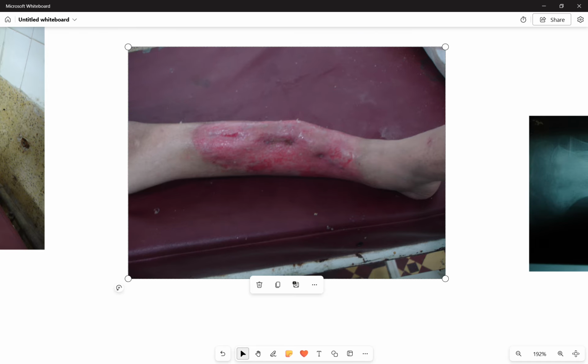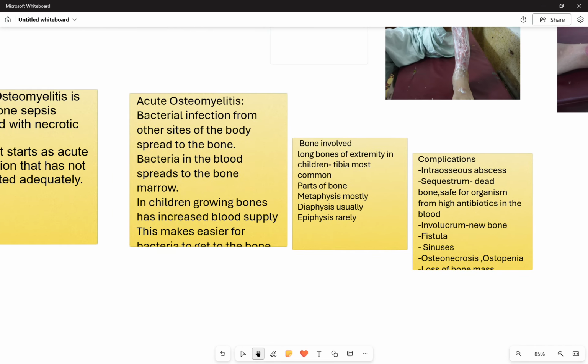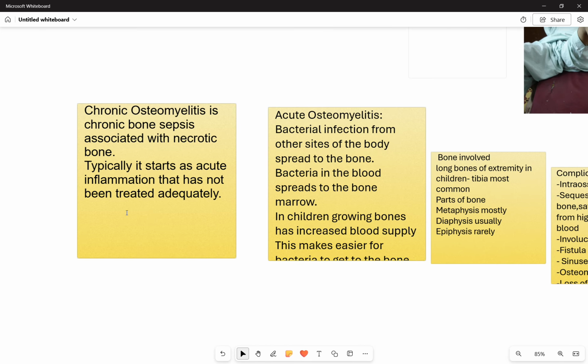Now let's look at how chronic osteomyelitis develops. Chronic osteomyelitis is chronic bone sepsis associated with necrotic bone. So it's almost a number of years that have gone through.